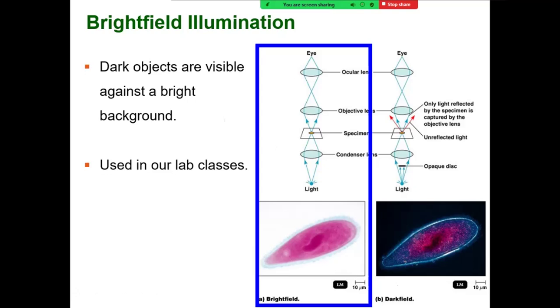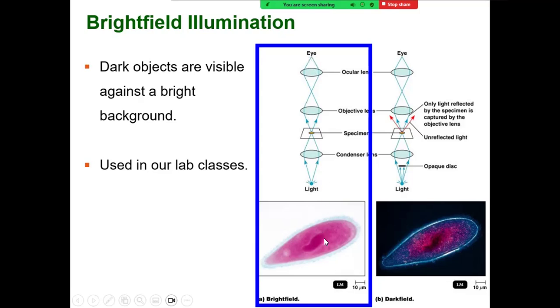All right. Bright field illumination is what we normally use with our light microscope. In bright field illumination, the light leaves the lamp, goes through the condenser lens, passes through the specimen, and is then caught by the objective lens, and we can see the specimen with our eye.